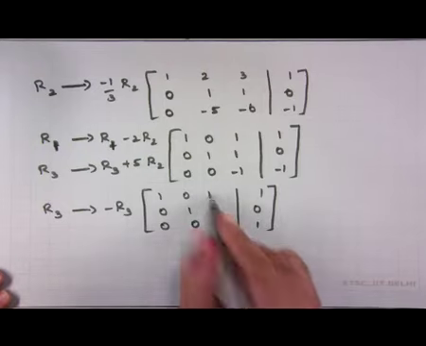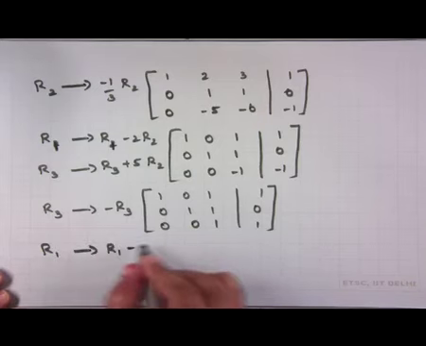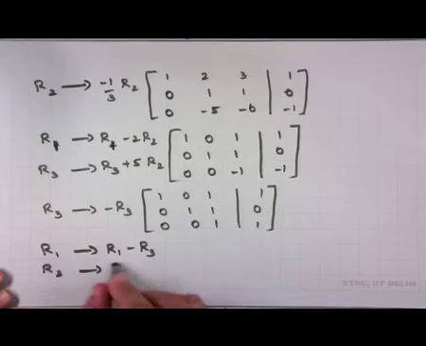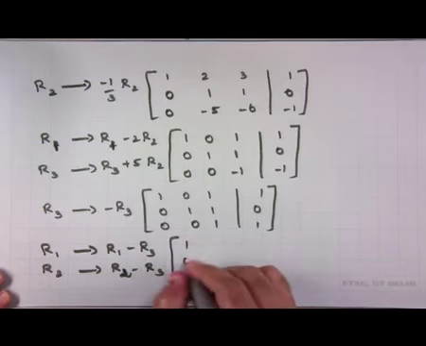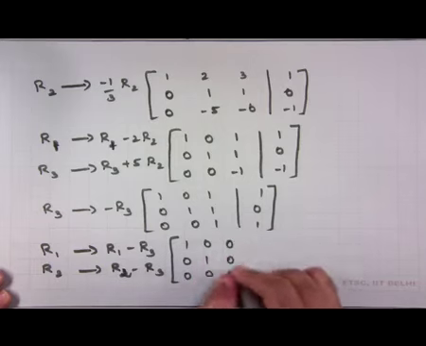Now, let us convert this 1 and 1 into zeros. R 1 is replaced by R 1 minus R 3 and R 2 is replaced by R 2 minus R 3. We have the identity matrix: 1 0 0, 0 1 0 and 0 0 1.